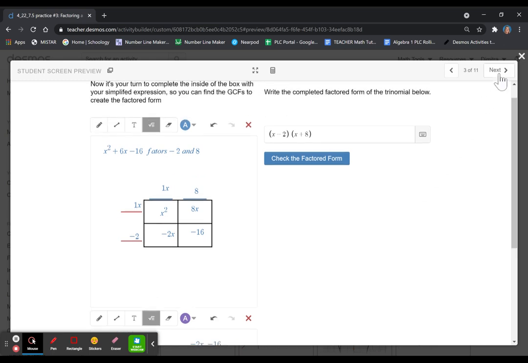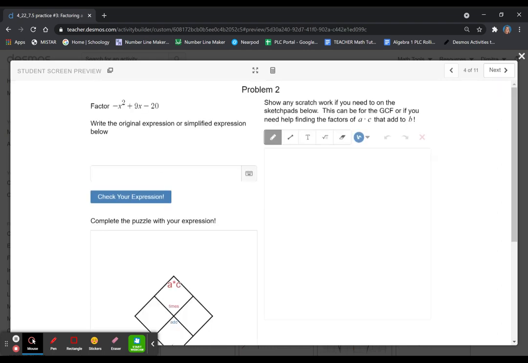All right, let's go to the second one. This time I'm not going to go as in depth as I did before for all the parts. So if you get stuck somewhere, rewind back to problem 1 so you can see some of the steps. So we want to factor negative x squared plus 9x minus 20.